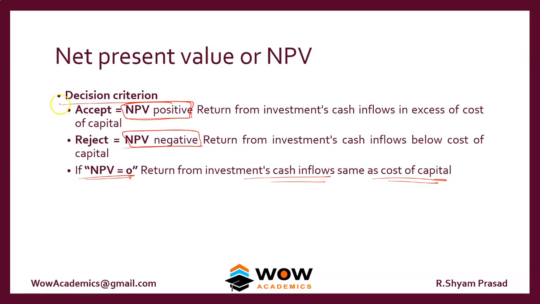From an exam point of view, these things are very important, because in a 10-mark question, if you compute the answer and finally say whether you accept or reject a project, that alone carries a 0.5 mark.